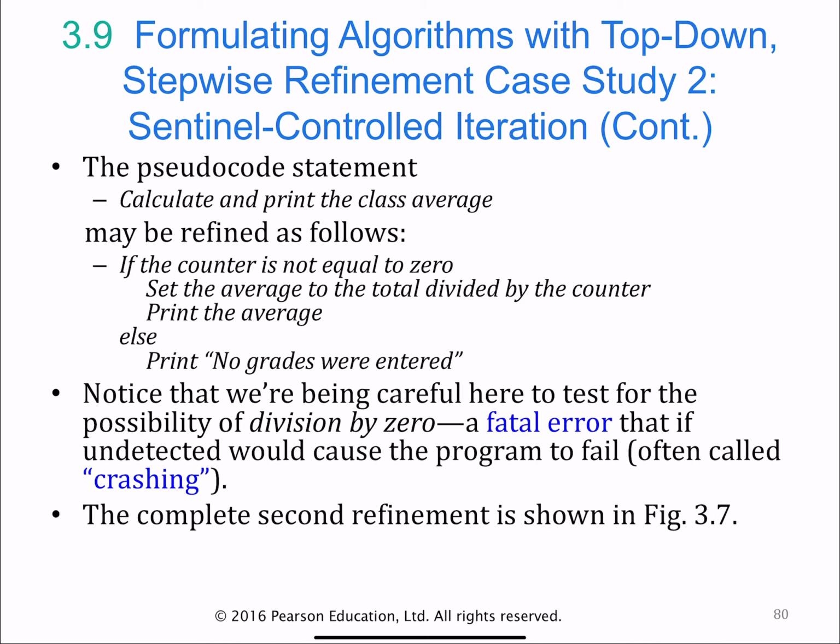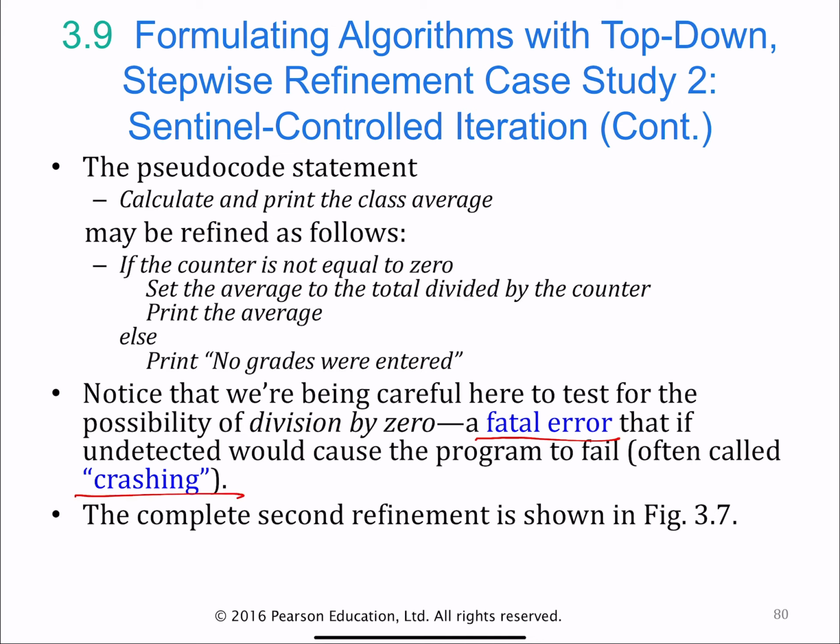One thing we have to take care of here is the situation where the number of grades entered is 0. If that happens to be the case and you divide whatever's in total by 0, you will get an error. Actually, your program will crash.